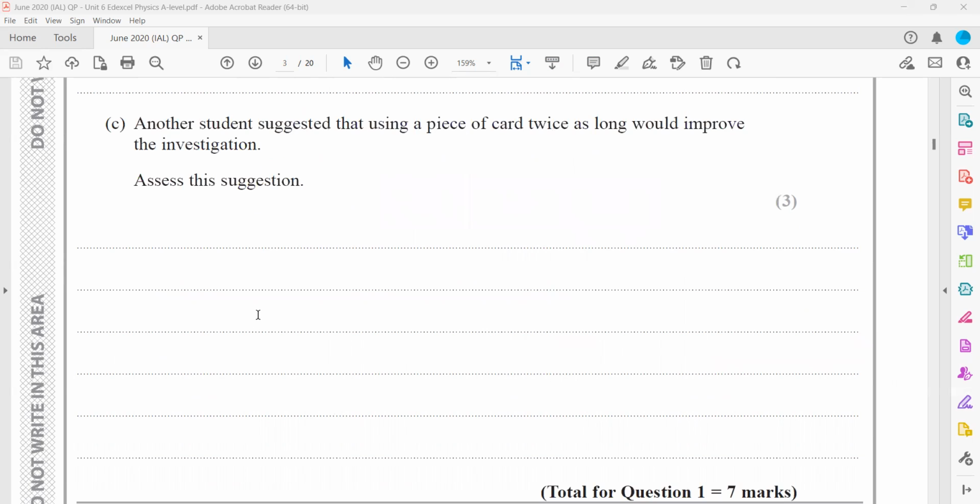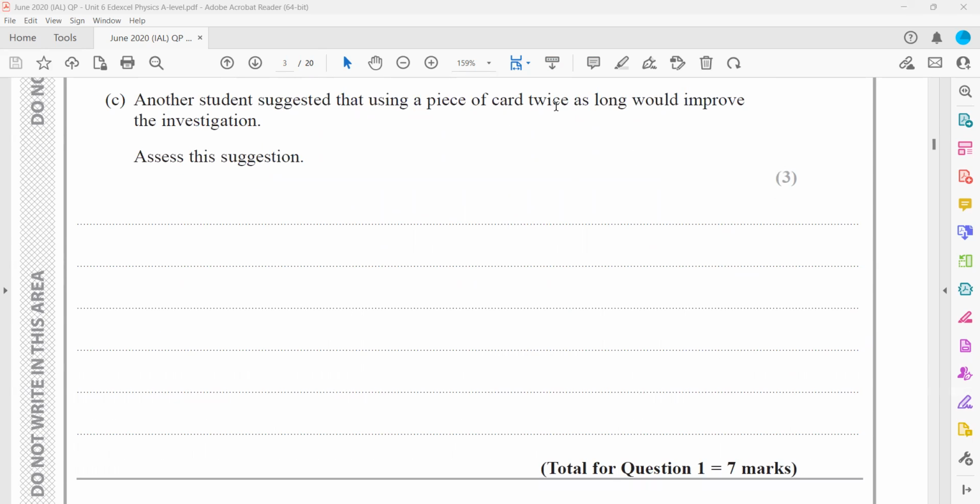Another student suggests that using a piece of card twice as long would improve the investigation. Assess this suggestion. You have to tell whether it will improve it or not. Look, the concept is that the percentage uncertainty equals the uncertainty, meaning the smallest value which the instrument can record, divided by the value recorded, times 100.